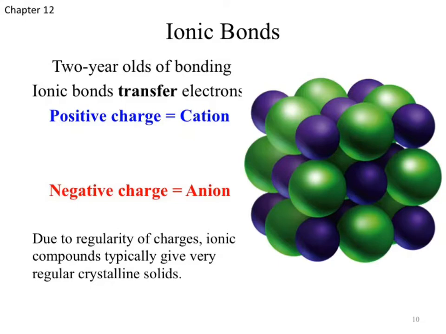So what we're looking at is a formal positive charge and a formal negative charge. The positively charged ion is referred to as a cation. The negatively charged ion is referred to as an anion. Because we've got these charges, we organize our structure to balance out those charges as much as possible. So near our cation, what do we expect to see?